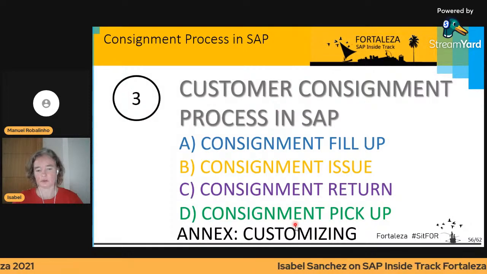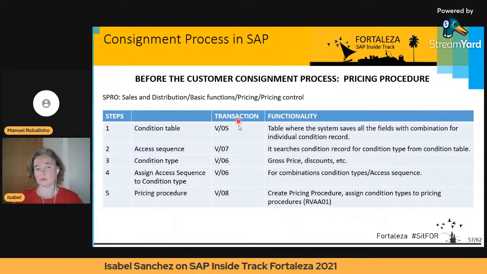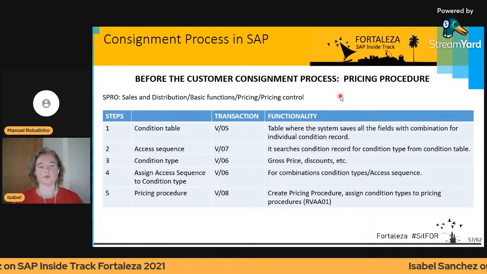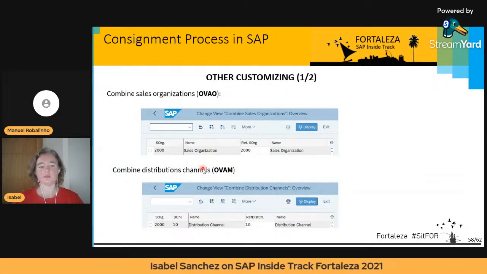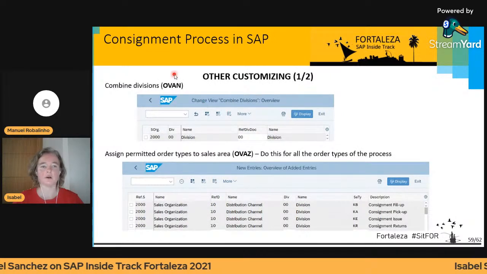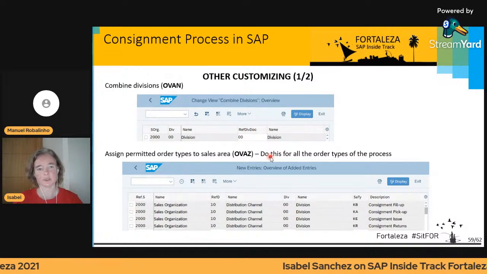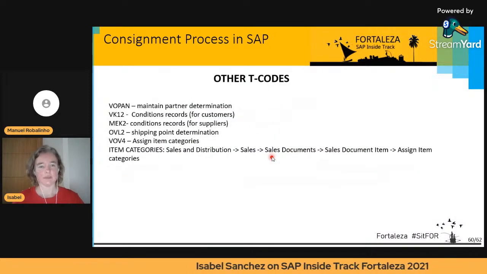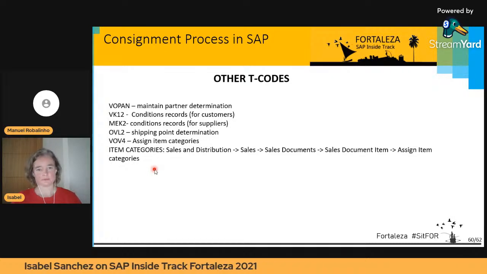There is another annex, another pricing procedure that you have to customize in your system. And you combine sales organization, distribution channels. You have all the information here, all the information previous to this process. And finally, you have other T codes.